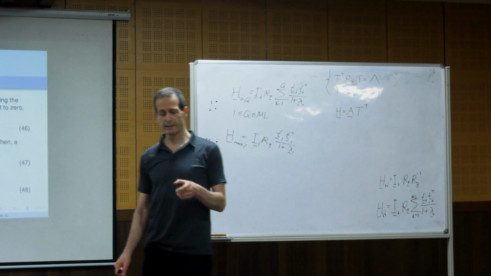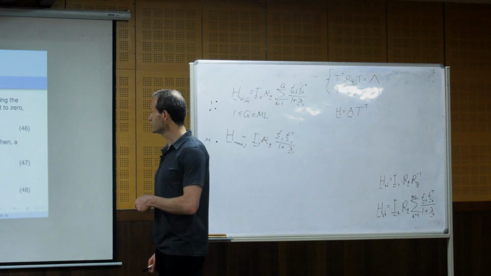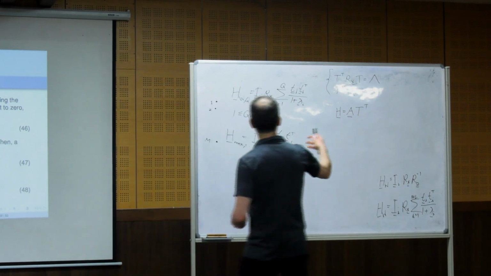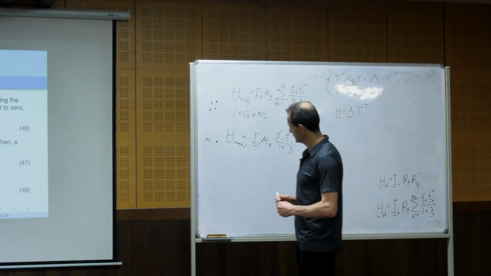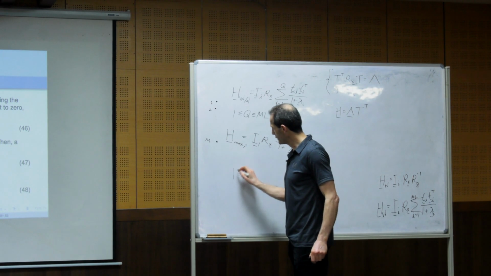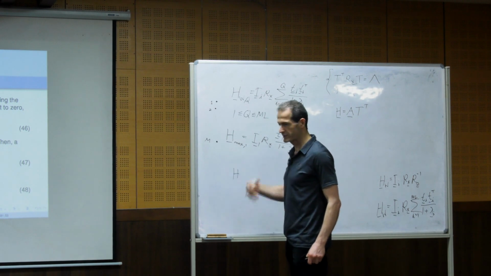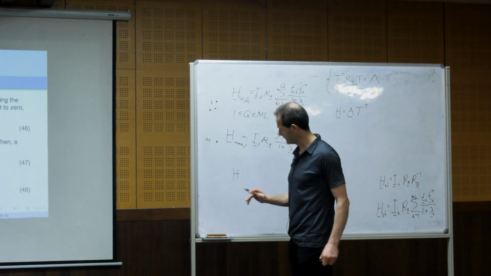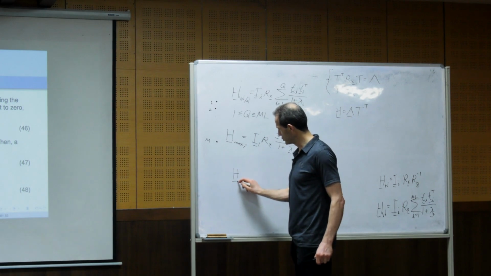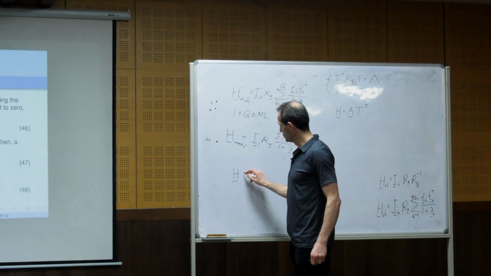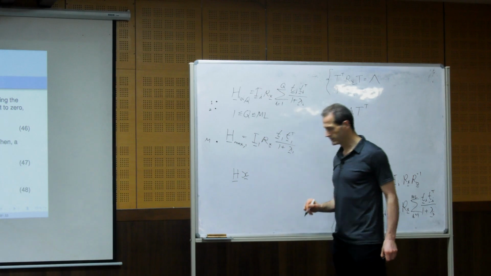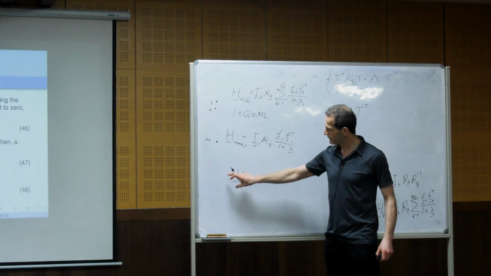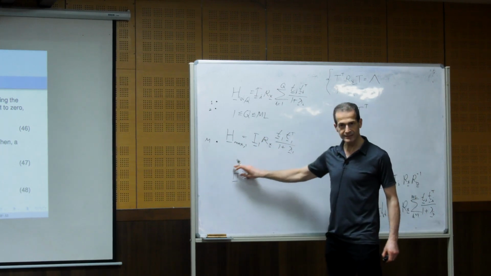We need to find the matrix A such that when we apply H, which is A T transpose, okay? When we apply H to X, this is the filter desired.